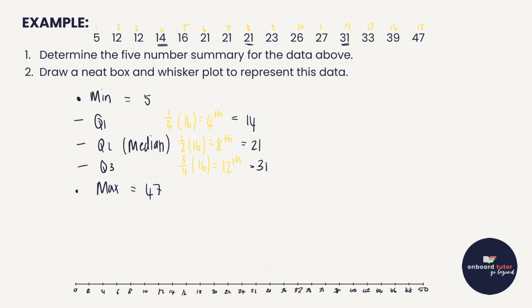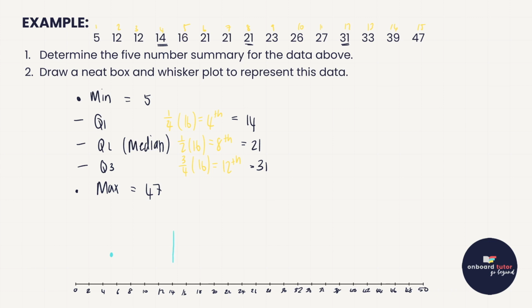Now I can draw a very neat box and whisker plot because I've got a number line to base it on. So when I say, the minimum is 5, then over here between 4 and 6, I can plot a neat little dot. Then quartile 1 is at 14. Remember, quartiles we draw with lines. Please use your ruler.